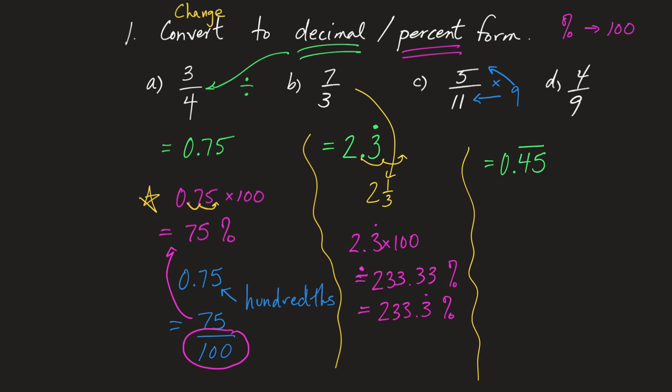What would I add to the bottom to get to 20? Multiply the top by that. Now, that might seem random to you, and I have to be honest with you, it is pretty random. But the reason why I use that trick is because it also applies for 9ths. What would you add to 9 to get to 20? You'd add on 11.